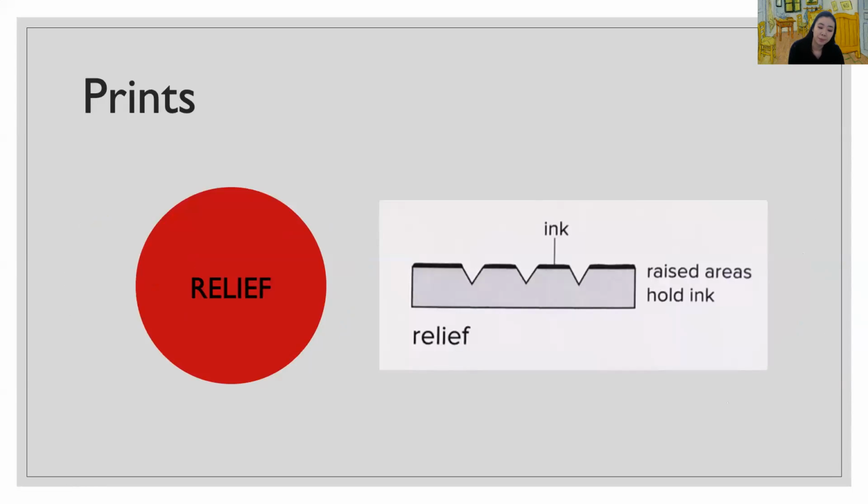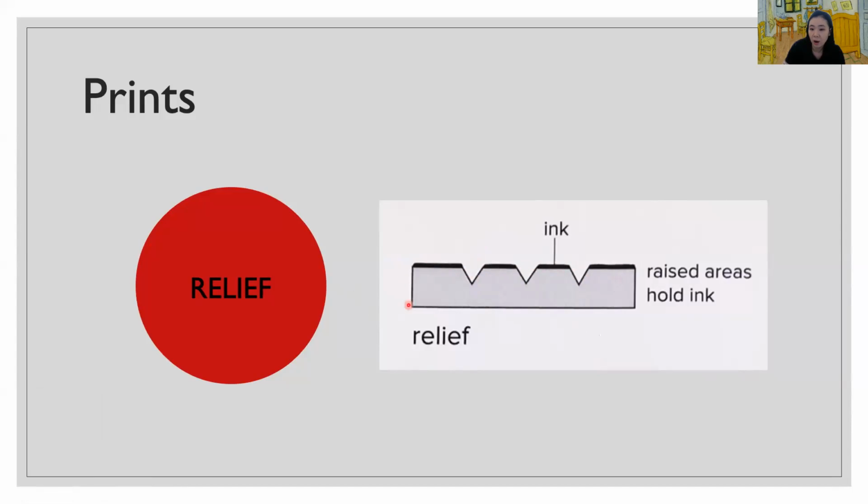Relief print makes the print plates, and raised areas hold the ink. This is the side view of the printing plate. Maybe the artist makes a carve to make an image like this. These are the carved sides, and the raised area holds the ink to print.